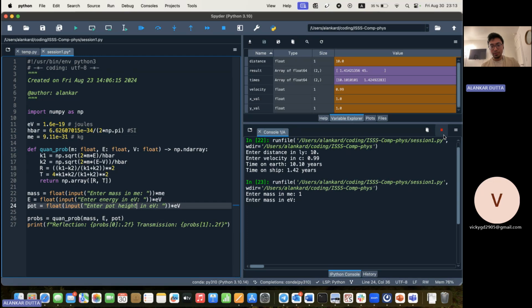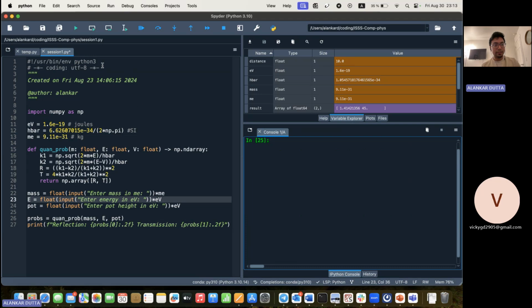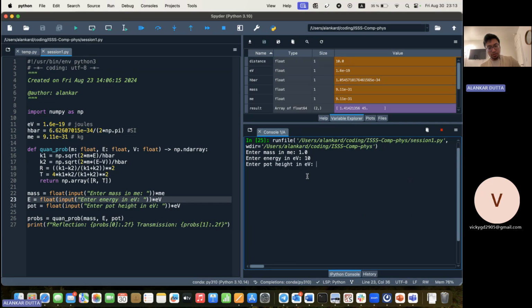So let's stop this, clear this terminal, and run this again. So mass is 1 electron mass. The energy is 10 electron volts, and the height of the potential is 9 electron volts.